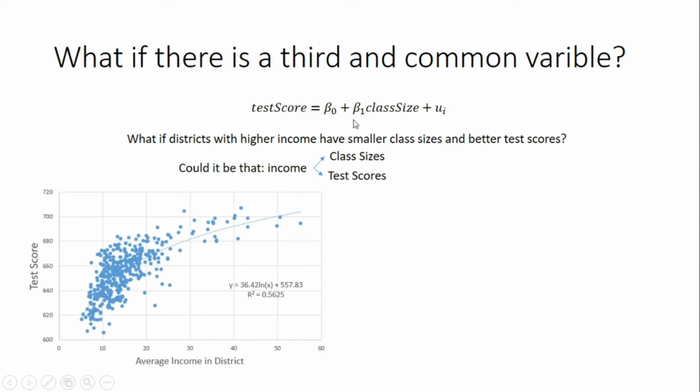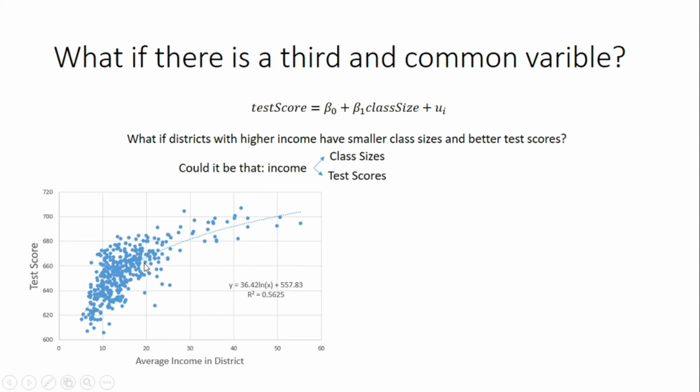So what I've done here is actually just graph that data. Here's the average income in the district. It's using the data from Stock and Watson. And again, we have the test score on the y-axis. And sure enough, we find that there is a positive relationship between the average income and the test score in any district, as we might expect. Those districts that are richer have better test scores.